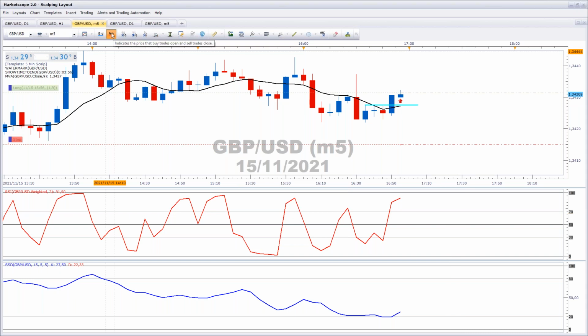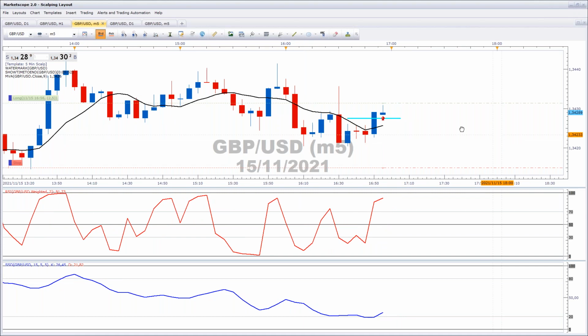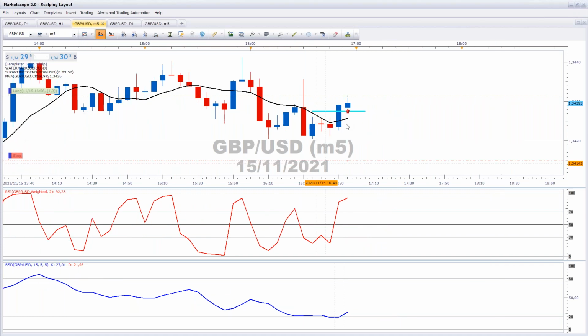I'm going to switch it to the bid because we set up the bid, and we'll see if this is hopefully a reference candle reversal.